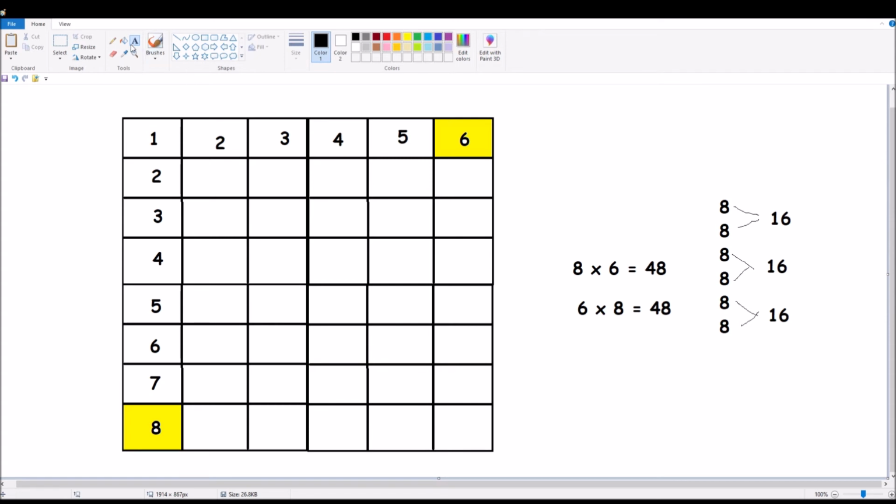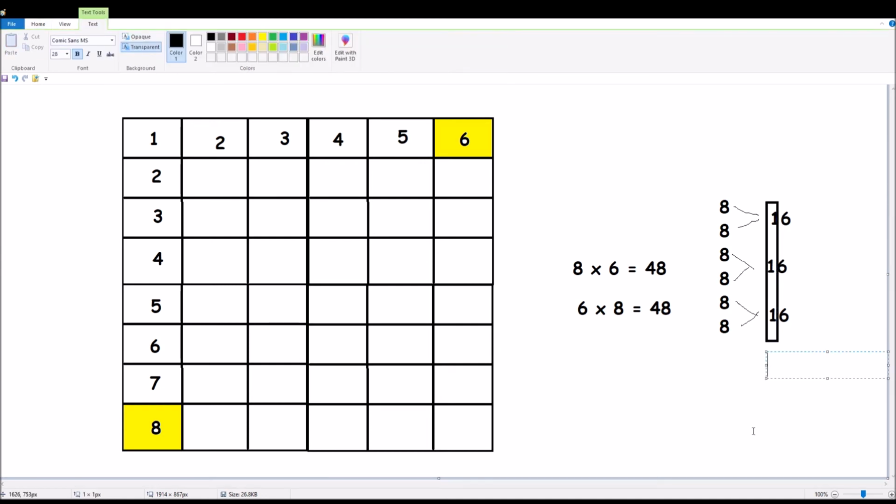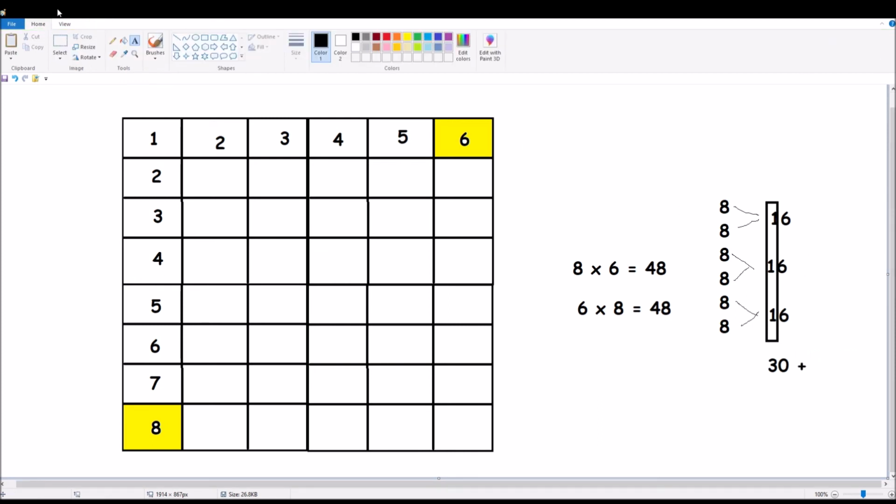What if I broke it up right here? What if I just add all of my 10s first? All of my 10s makes 30. So I'll come down here and I'll write 30. And then I'll add whatever the 6s come up to. So let's draw a line out there from the 6s. 6 plus 6 is 12. And add another 6, that's 18.